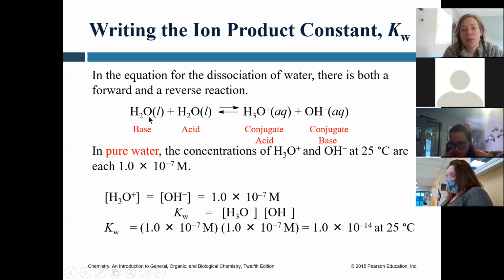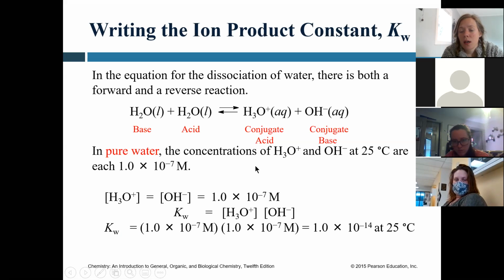So what is that number? Okay, so this reaction here, in pure water, the concentration of the acidic thing and the basic thing, they equal each other, and it is 1.0 times 10 to the negative 7th, capital M. Capital M being our molarity.